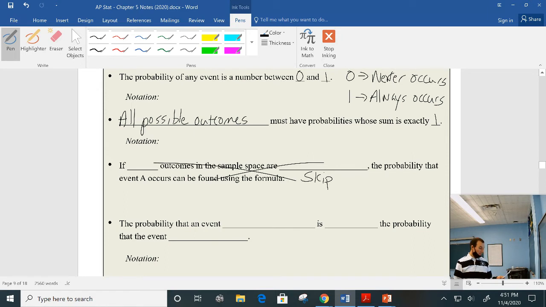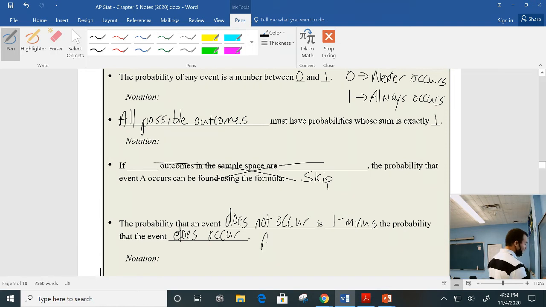The probability that an event does not occur is 1 minus the probability that the event does occur. So if I want to know the probability of somebody not having blue eyes, I can just do 1 minus the probability of having blue eyes.